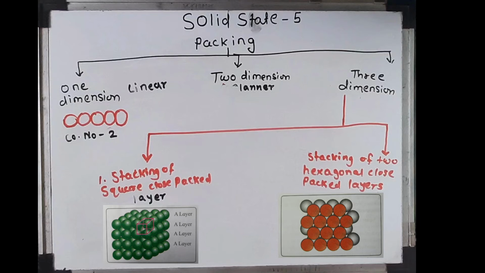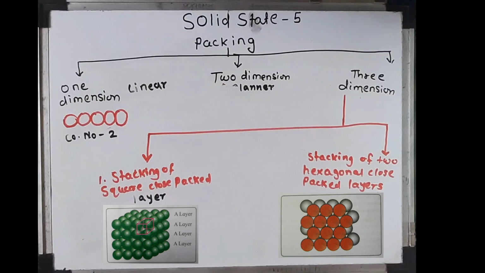The second type is stacking of hexagonal close packed layers. To generate a close packed three-dimensional structure, hexagonal close packed layers are arranged in a particular manner. In doing so, spheres of the second layer are placed in the depression of the first layer.